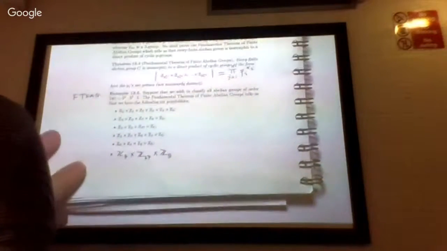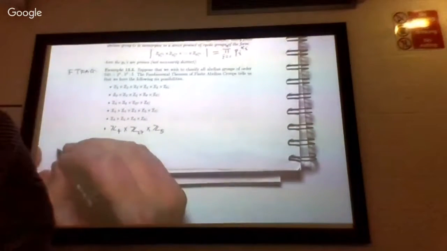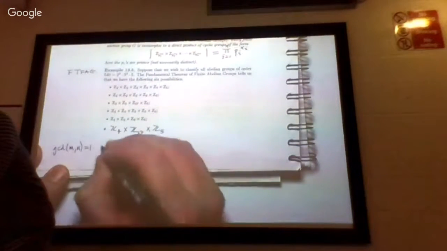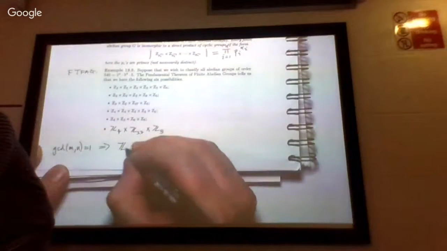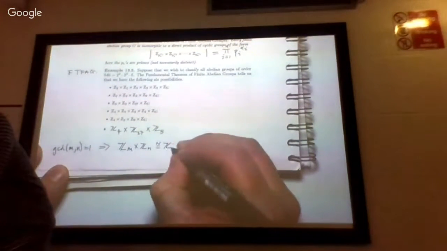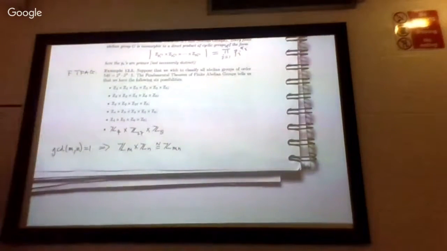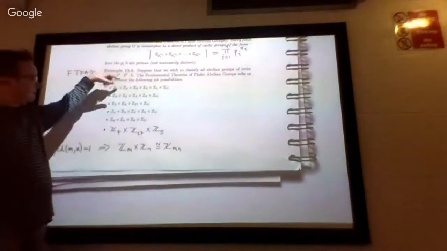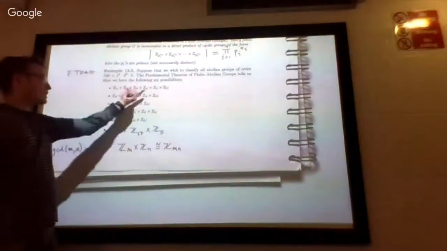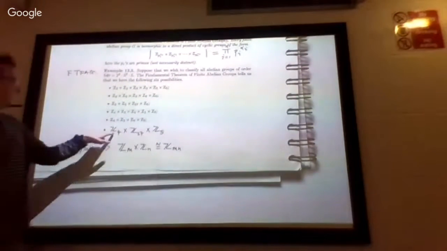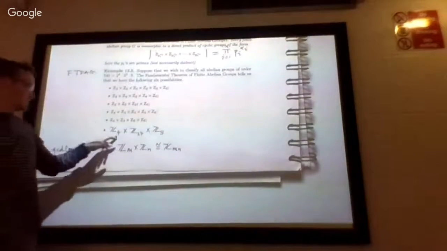But remember, we introduced this result at the front: if the GCD of m and n is 1, that implies that Zm direct product with Zn is isomorphic to Zmn. So if we apply this result as much as we can through here, we get in some senses a better, more compact description of these. This is an example of it down here.